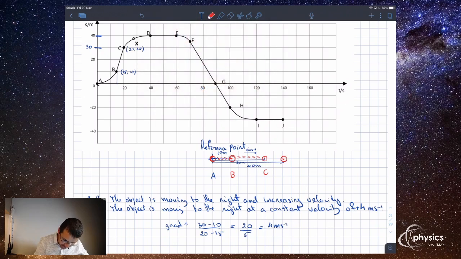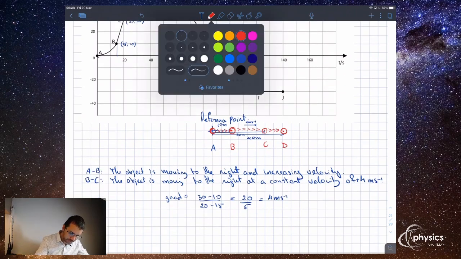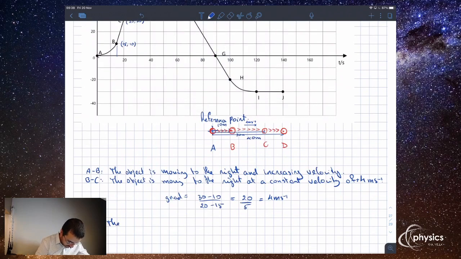So the object is at this position at D. Therefore, between C and D, the object is continuing on moving to the right.